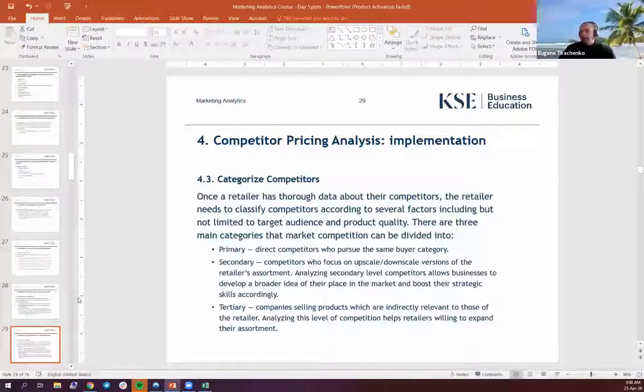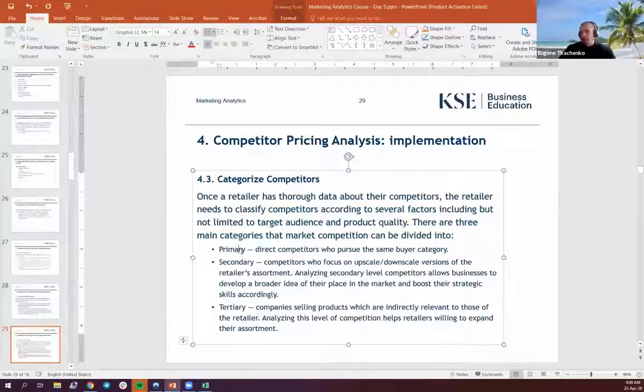Another one is competitors categorization. Because of the nature of competition, you may define your competitors and categorize them in primarily three categories. The first one is the primary category: direct competitors who pursue the same buyer category or exactly the same targeted audience which you are trying to acquire.